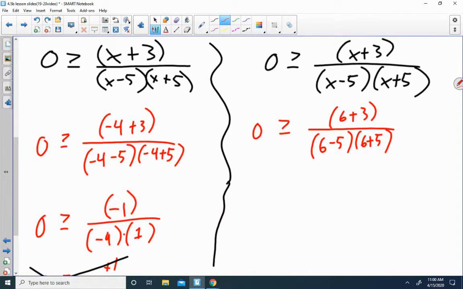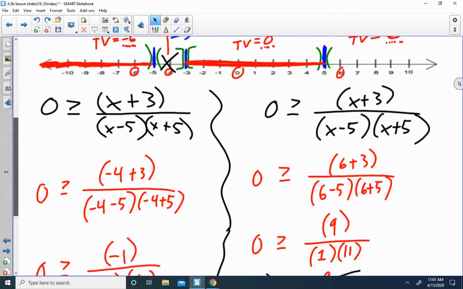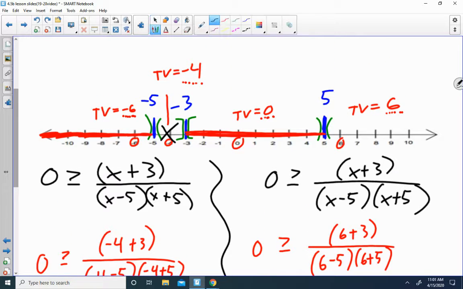Going from there, on top we'll get 9, on bottom we'll get 1 times 11, which simplifies down to 9 over 11. And is 0 bigger than a positive fraction? Nope. 0 cannot be bigger than a positive fraction. So the fourth interval is a flop.